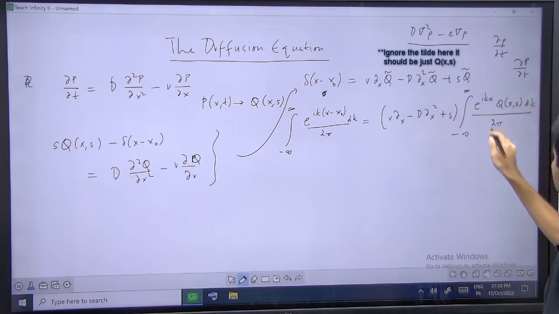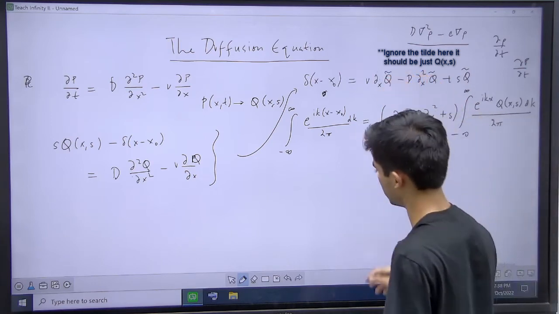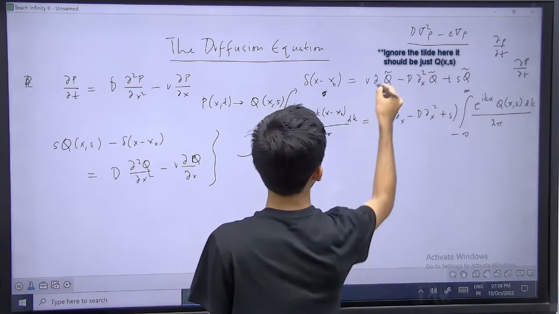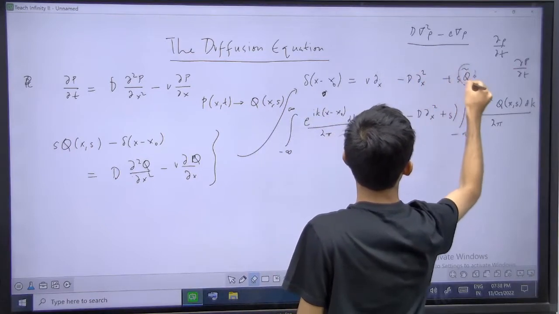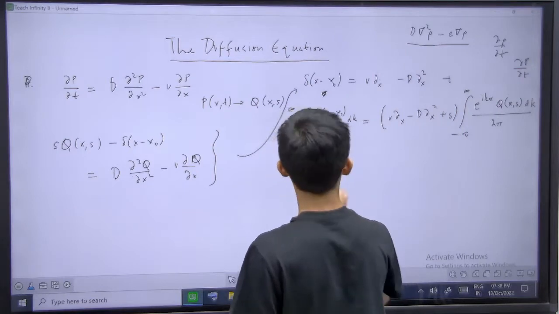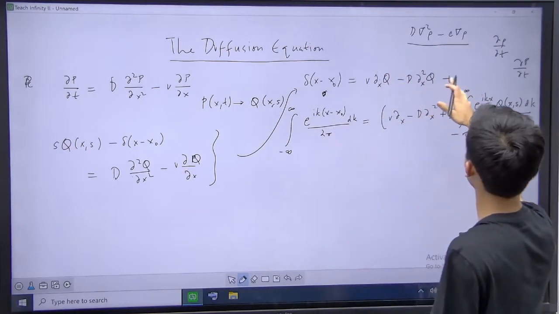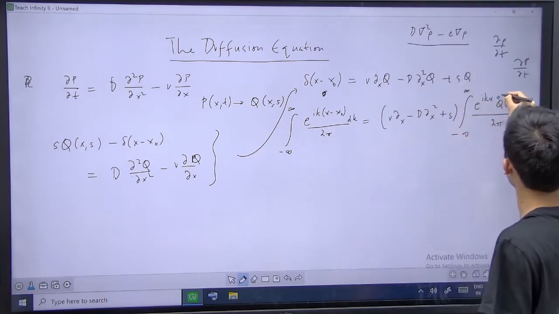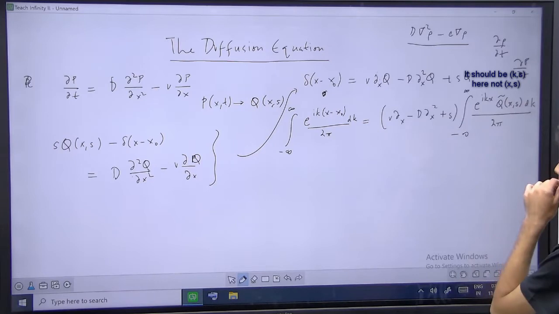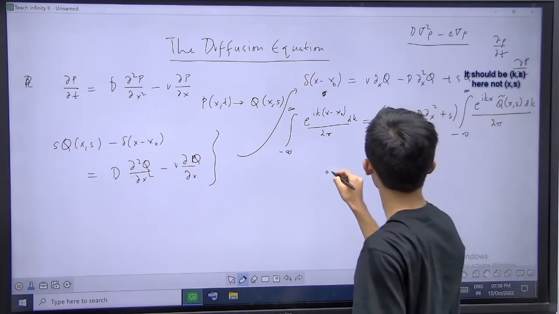This is how I have written q tilde. Sorry, this was q minus q, so simply q. Okay, and I can operate this on this immediately.